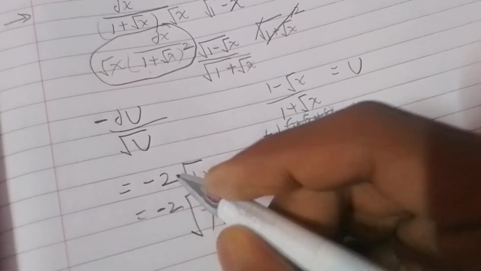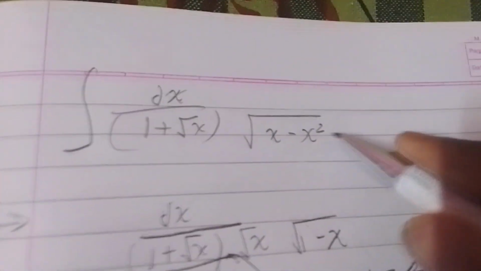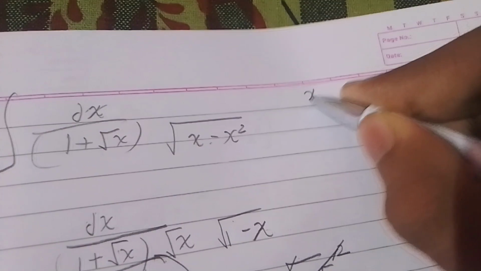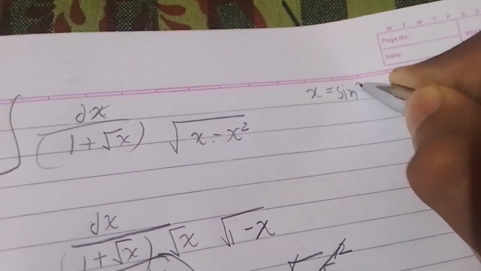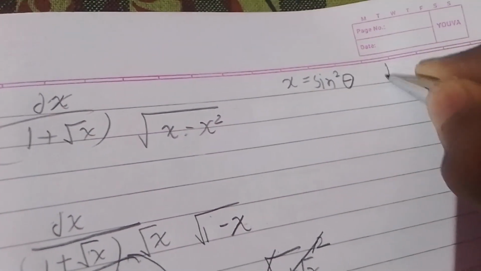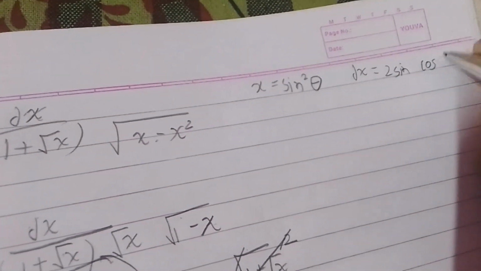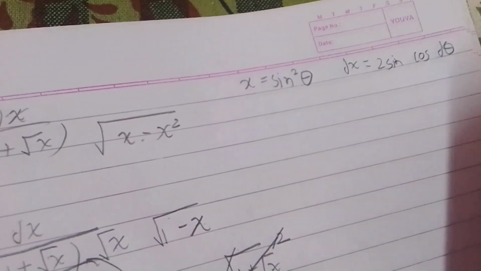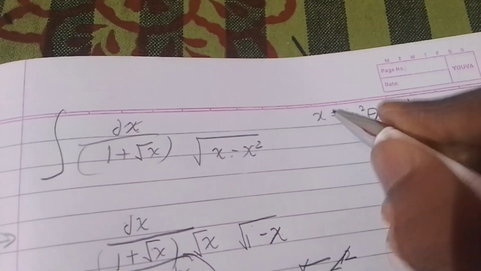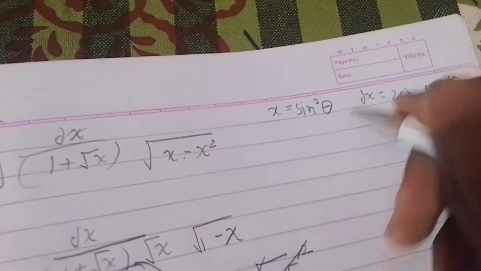Now you can also get this answer by another method, and that is by substituting x as sine square theta. So you have dx as 2 sine theta cos theta d theta. Now let us write all in terms of sine and cos.